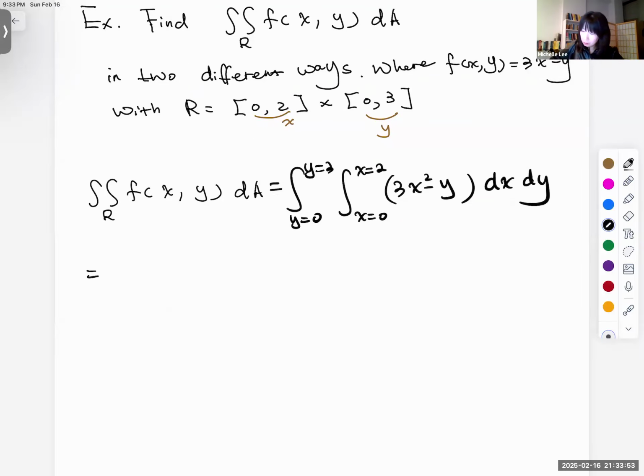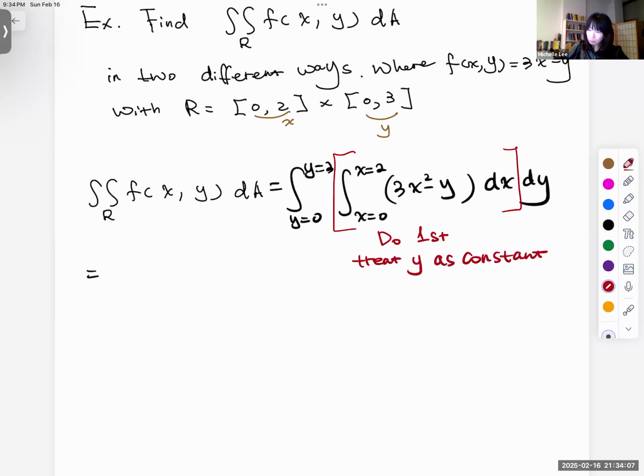Okay, so let me write down the first step. Treat y as constant. All right, so we have y equals 0 to 3. The first term, we integrate with respect to x. What do you get? So 3x to the third power over 3.